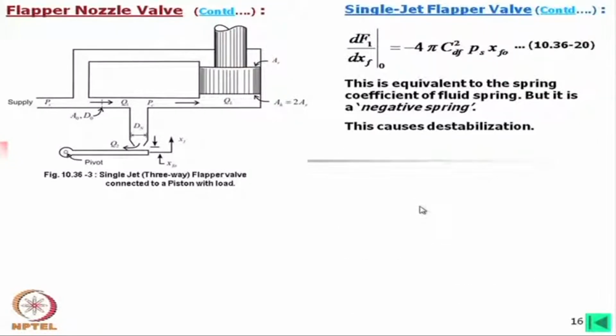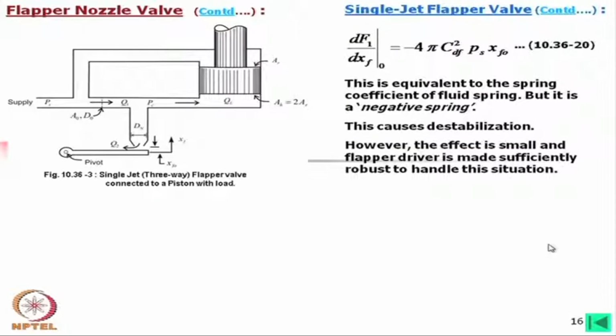Normally, when a mechanical spring is gradually compressed, the load is increasing. Here it is opposite. This causes a destabilization. Okay. Due to this negative nature, a destabilization is observed.